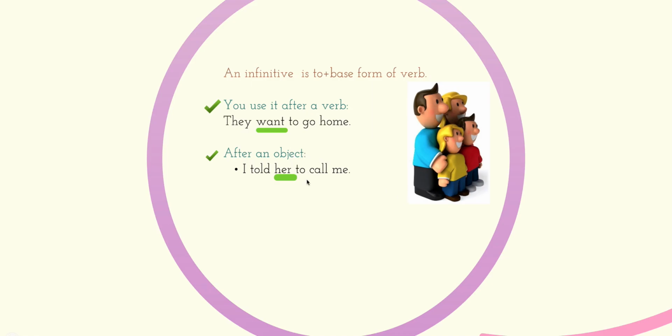But the way that you are going to use to complete this one is with another action. Le dije a ella que me llamara. Ambos son verbos, ambos son acciones. Entonces puedes complementar esta primera parte con otra acción. In that case, you are going to use infinitives because you have one verb and then you have to complete it with another verb. To call.